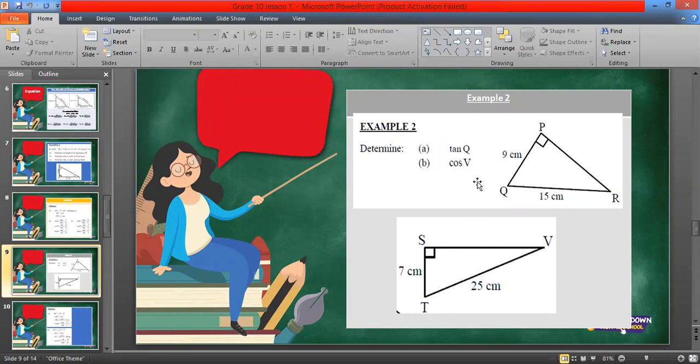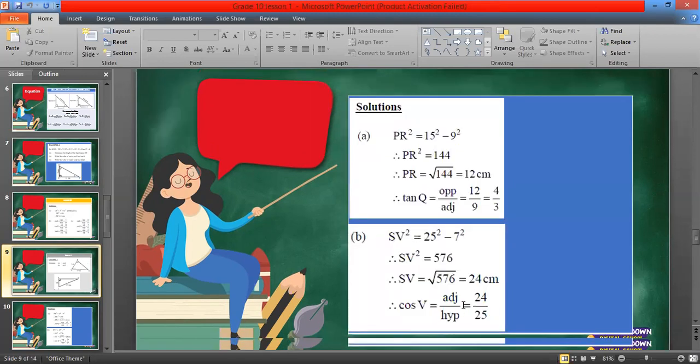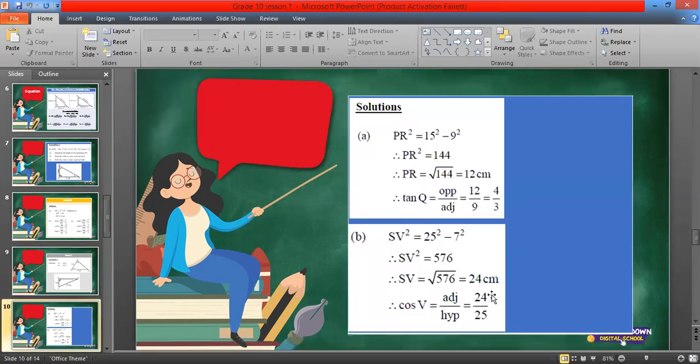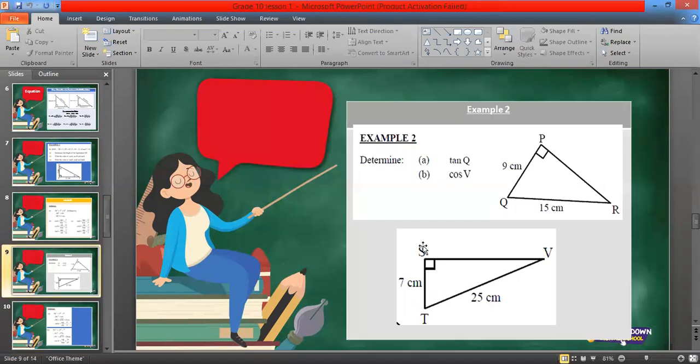So our cos V will be SV over the hypotenuse. Our SV we said is 24, so it will be 24 over 25. 24 as the adjacent, 25 as the hypotenuse, gives us our cos V.